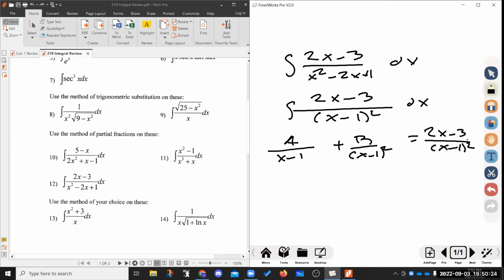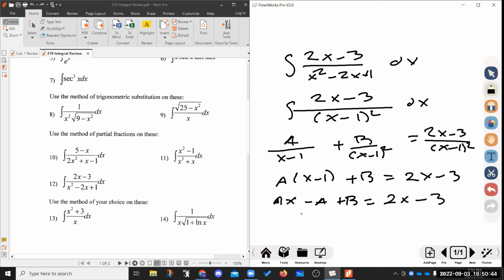The common denominator is x minus 1 squared. This is a times x minus 1 plus b, and it's going to be 2x minus 3. So let's say ax minus a plus b is equal to 2x minus 3. That means that a has to be 2. For my constants, -2 plus b has to be -3, and b has to be -1.